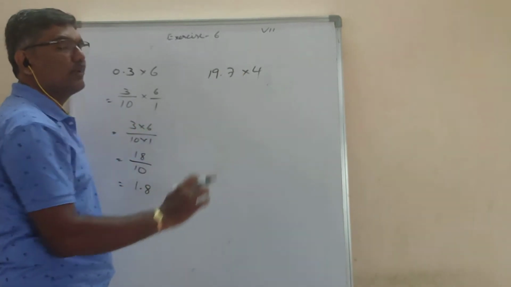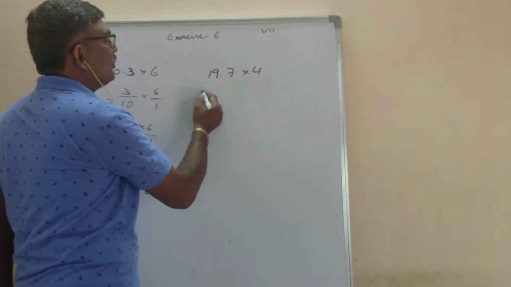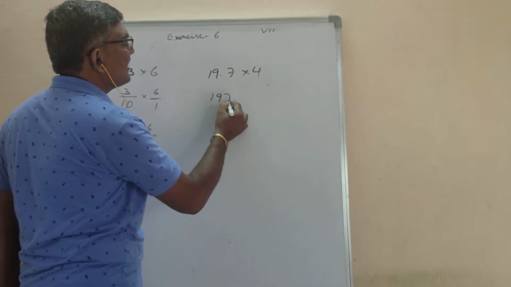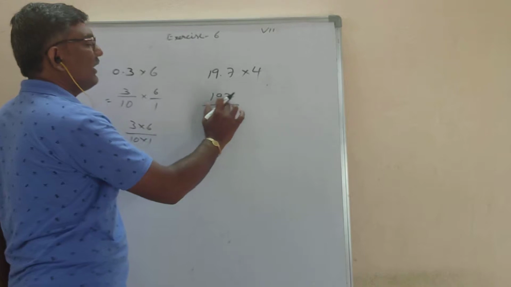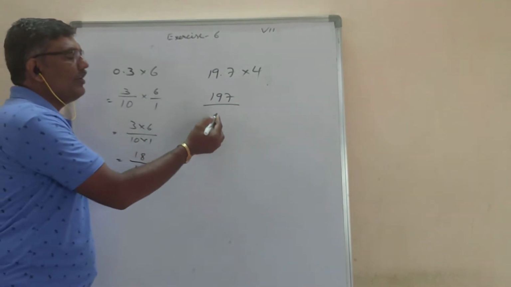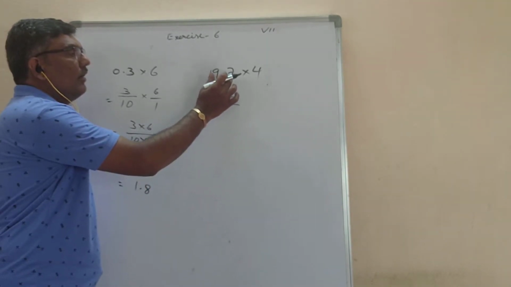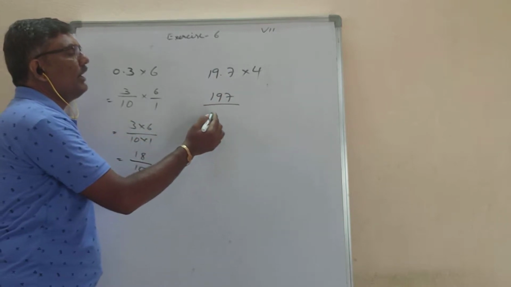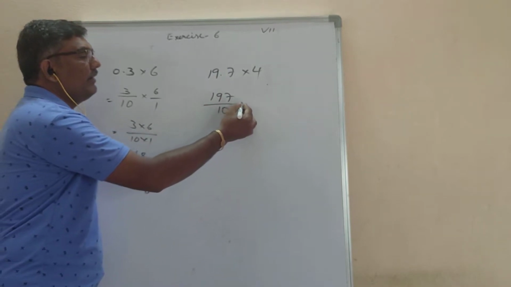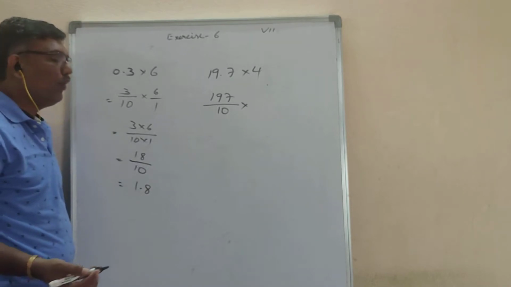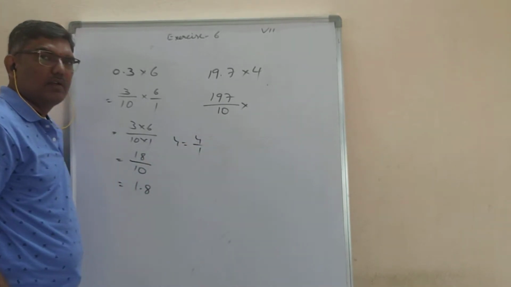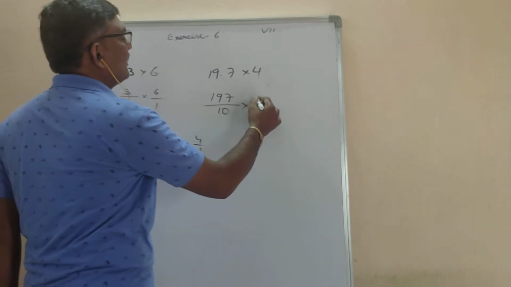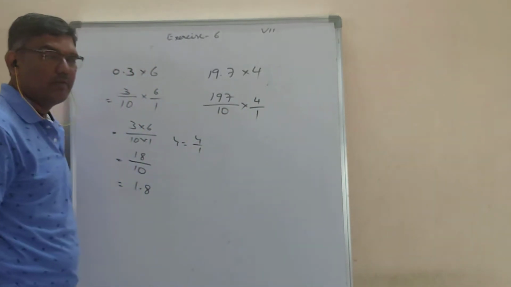So remove the point and write the number as it is. I removed the point and wrote 197. Now in the denominator, because there is 1 digit after the point, it should be divided by 10. Now 4 is nothing but 4 divided by 1. 4 and 4 by 1 are the same. So I am writing 4 as 4 by 1.